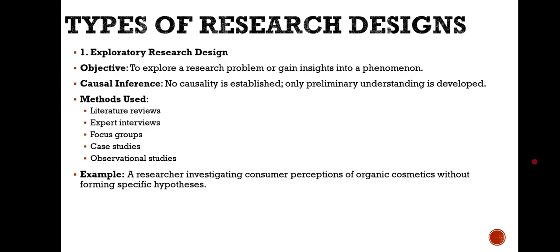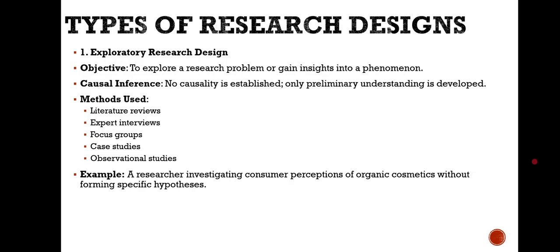First, we have exploratory research design, and the objective of this research design is to explore a research problem or gain insight into a phenomenon. So what is the causal inference in case of exploratory research design? No causality is established, only preliminary understanding is developed.